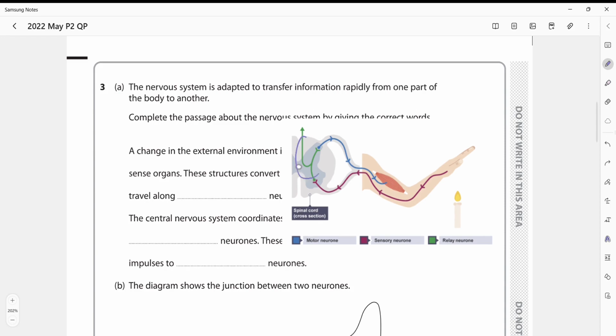And then we would have our relay neuron that's in the central nervous system. So that's our brain and spinal cord. And then lastly, we would have the motor neuron, and that would cause the muscle or the gland to activate. In this case, it would cause the muscle to contract so that the hand can pull away. So let's make this one smaller again.